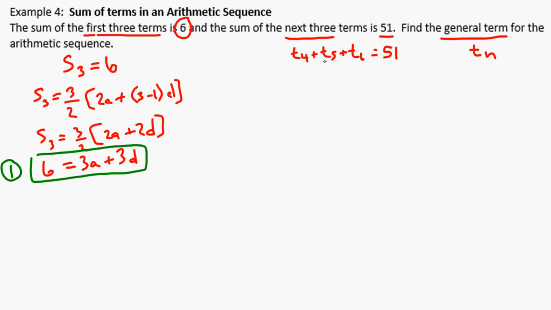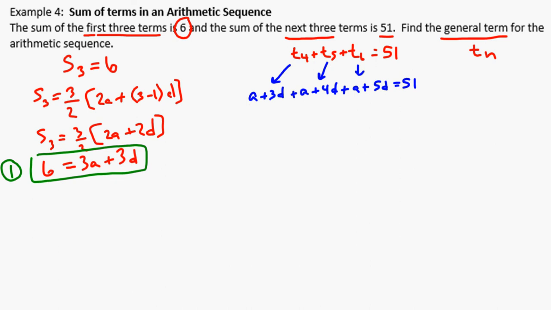All right, let's go over here. So this guy, T4 plus T5 plus T6 is equal to 51. So let's do this in blue. T4 is actually equal to a plus n minus 1. My n is 4, so n minus 1 is 3, so 3d. T5 is going to be plus a plus 4d, and my T6 will be plus a plus 5d equals 51.